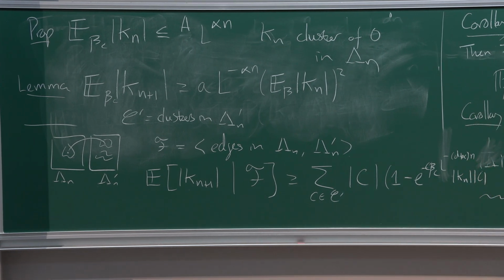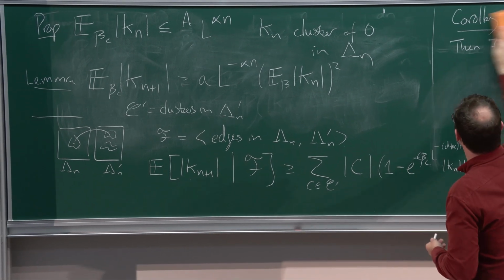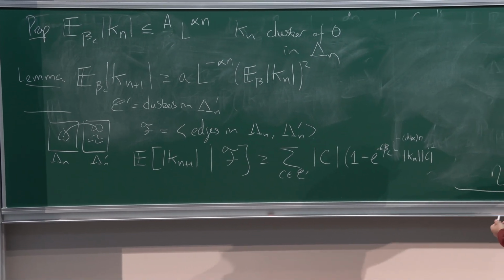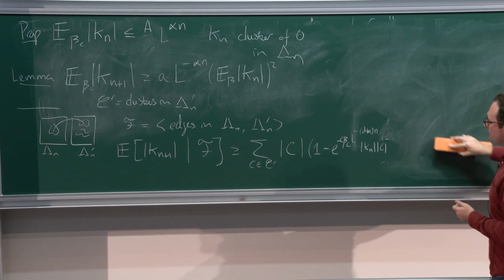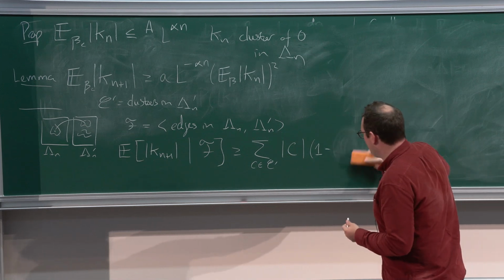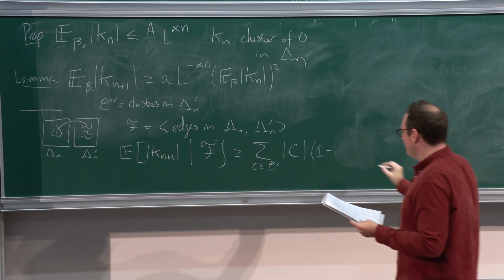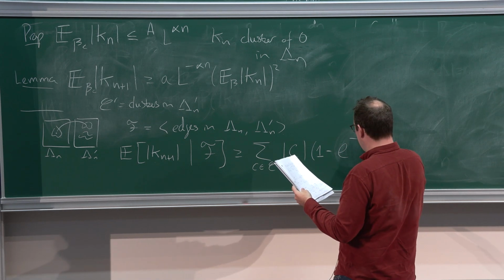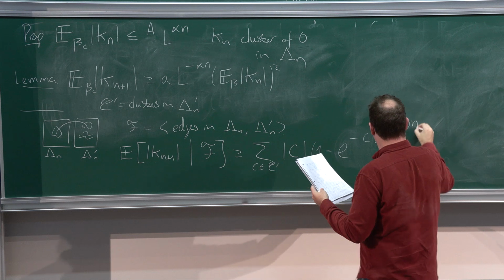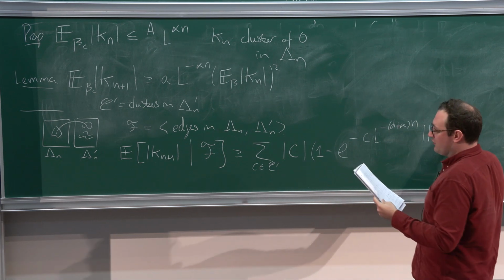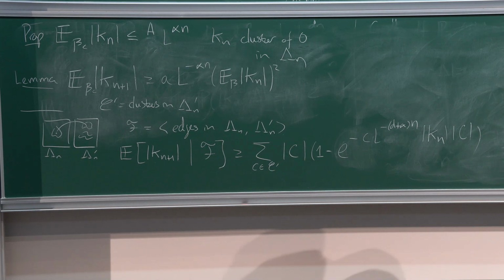Let me rewrite that less messily: e to the minus constant L to the minus d plus alpha n, size of the cluster at the origin in the box on the left, times the size of the cluster you're trying to connect to.